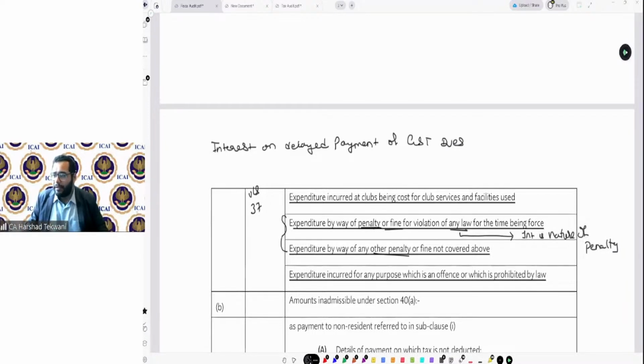If you read section 37, explanation 1, and even explanation 3 of section 37, it says that expenditure incurred by an assessee for a purpose which is an offense or which is prohibited by law under explanation 1 shall include and has always included expenditure to compound an offense under any law, to provide any benefit or perquisite in any form to a person for a purpose which is an offense or prohibited by any law for the time being in force. So those are the things referred to over here, not the amount of taxes or interest which is covered by section 43B.